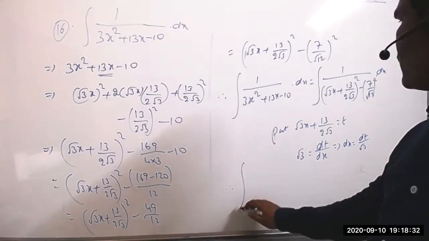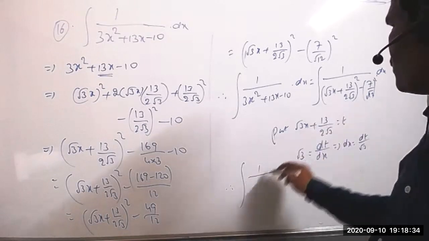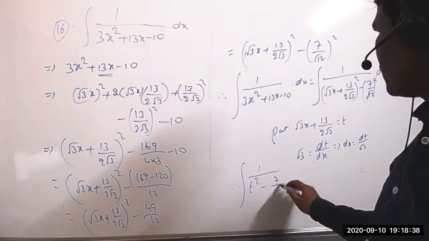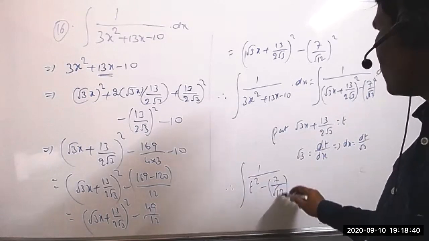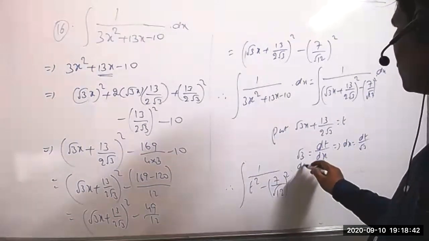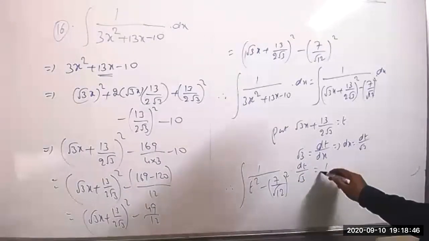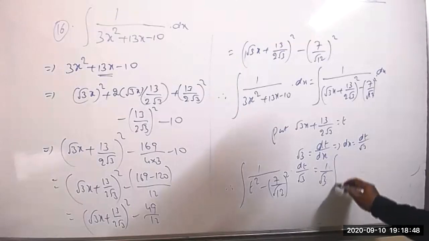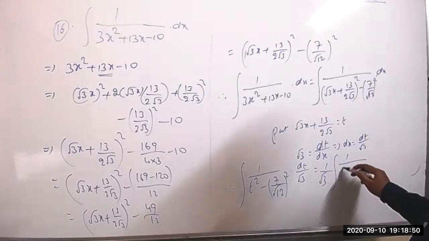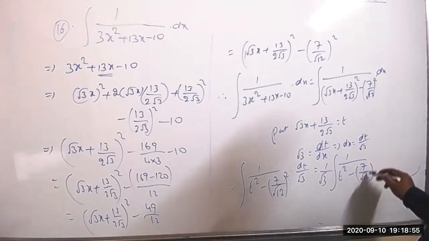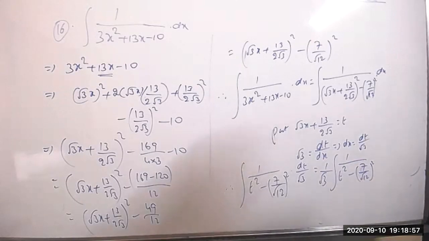Now substitute everything. Therefore, the integration equals integration of 1 by t square minus 7 by root 12 whole square into dt by root 3. Take 1 by root 3 outside: integration of 1 by t square minus 7 by root 12 whole square.